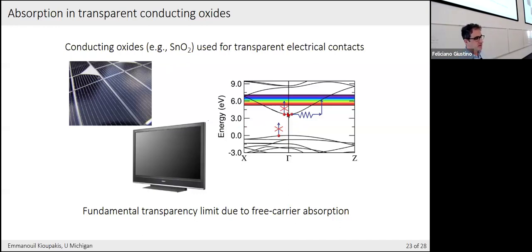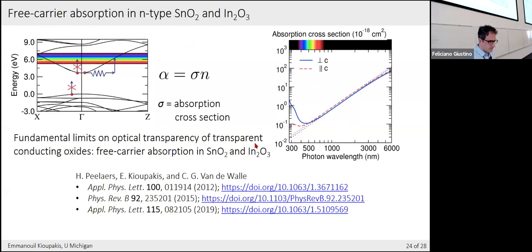However, those free electrons can still absorb light and go to a higher conduction band. And you see there's a fundamental connection, a fundamental limit, between having enough electrons to conduct, but at the same time, those free electrons will cause some loss. Again, this is free carrier absorption. So we went ahead, and that was work we did a few years ago, to quantify what is the fundamental limit to the absorption-conductivity balance in N-type transparent conducting oxides.